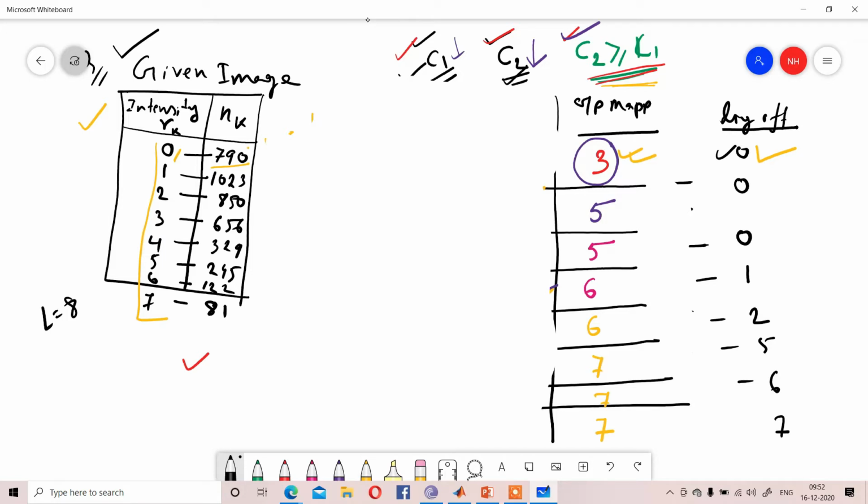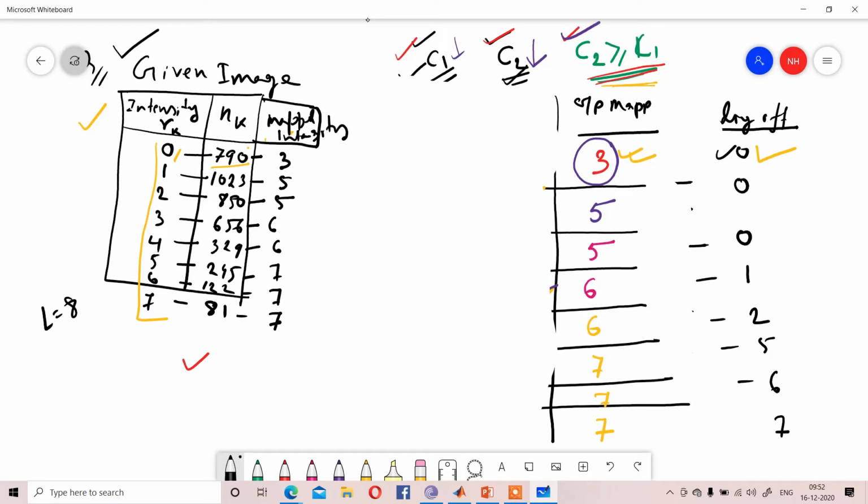That is your RK for the input, that is your NK, and that is your mapped intensity, and these are 3, 5, 5, 6, 6, 7, 7 and 7.